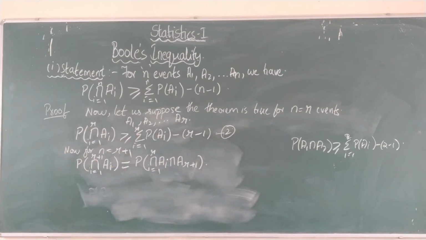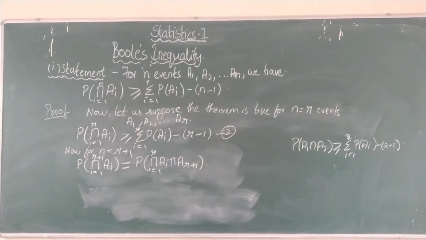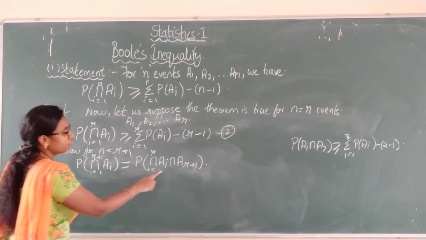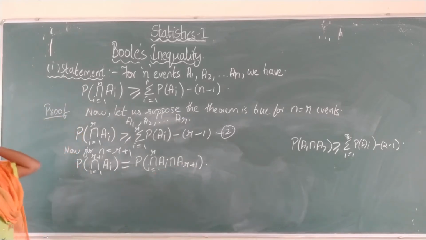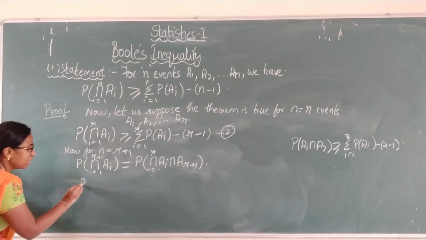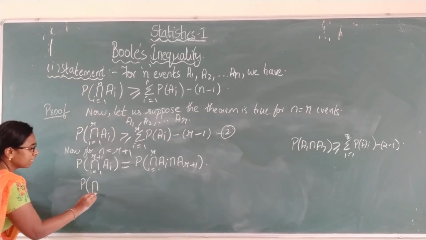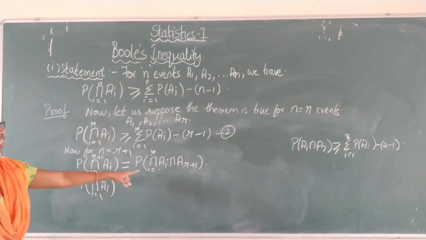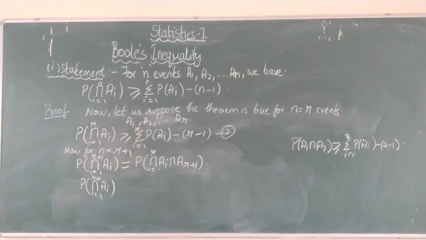So expand that value. These are the two terms, right? What is the first term? Intersection of Ai. The second term is A r plus 1. By using equation 1, this can be written as the probability of the intersection i equals 1 to r plus 1 of Ai. This value is greater than or equal to, and here also you will get the greater than or equal to condition only.